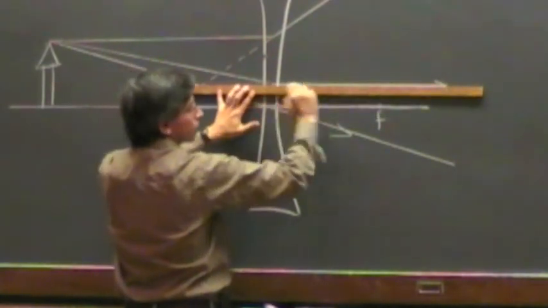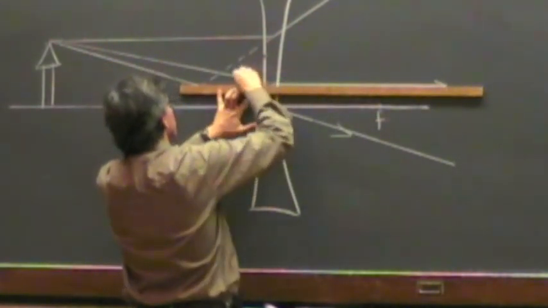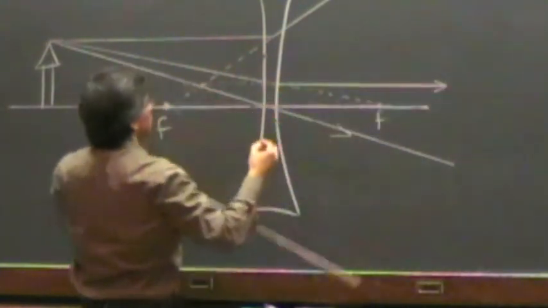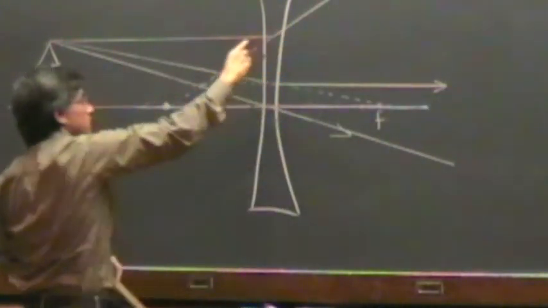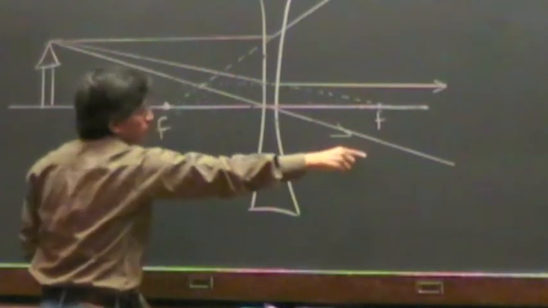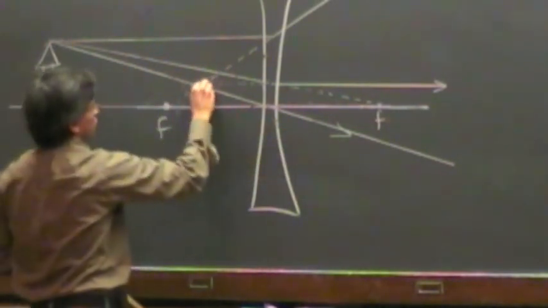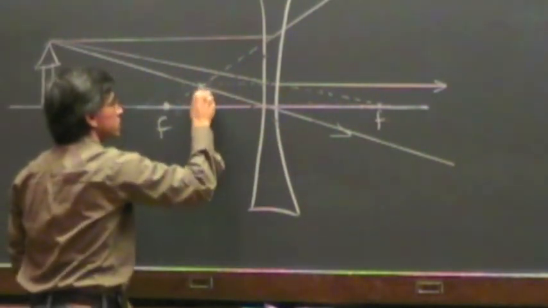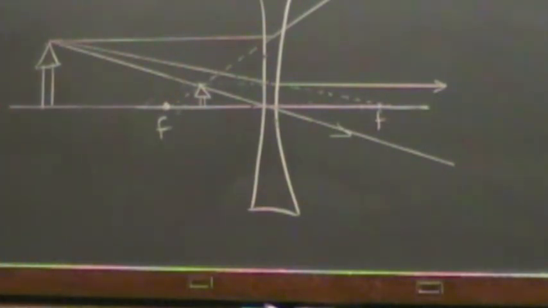Okay, a light ray that comes from this direction seems to have originated from here. A light ray going that way seems to have originated here. A light ray coming this way. So the image of that object will be located there.